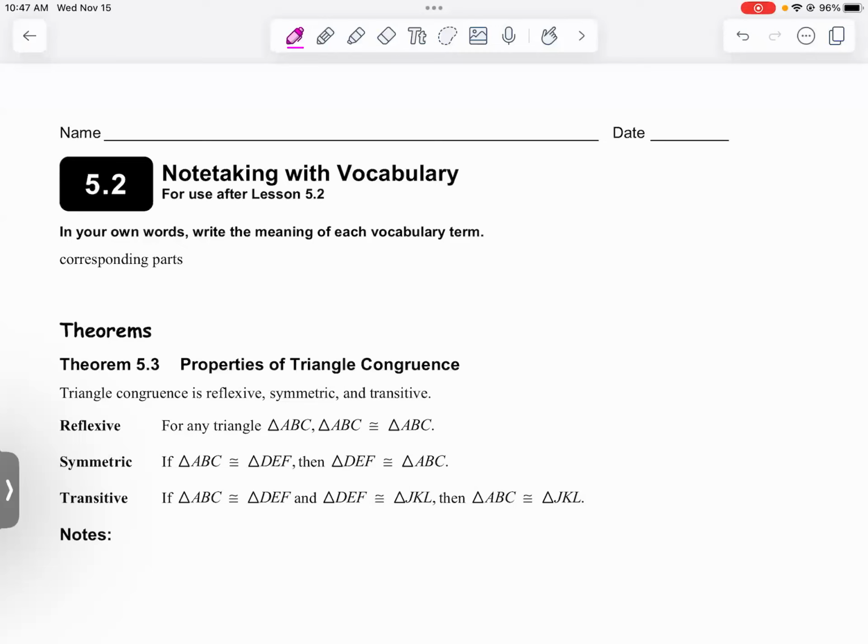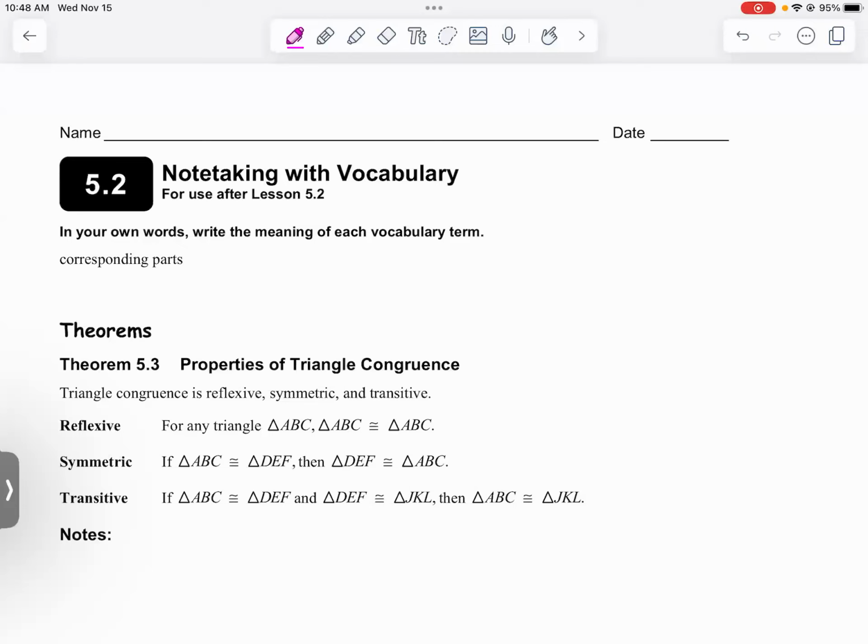Corresponding parts. Anyone want to tell me what that is? All you did was rearrange the words for that. Parts that are corresponding. What does that mean? So they are the same length. Segment.